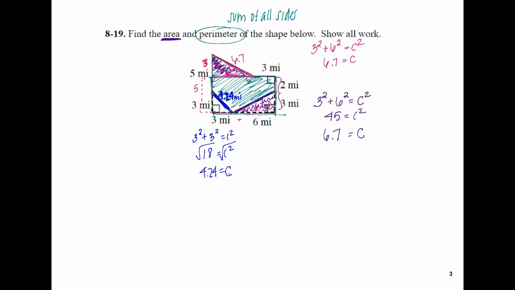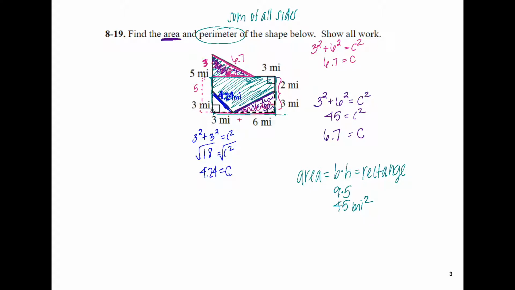In order to find the area of a rectangle, we do base times height. So the area of the rectangle equals 9 times 5, which gives us 45 units squared.